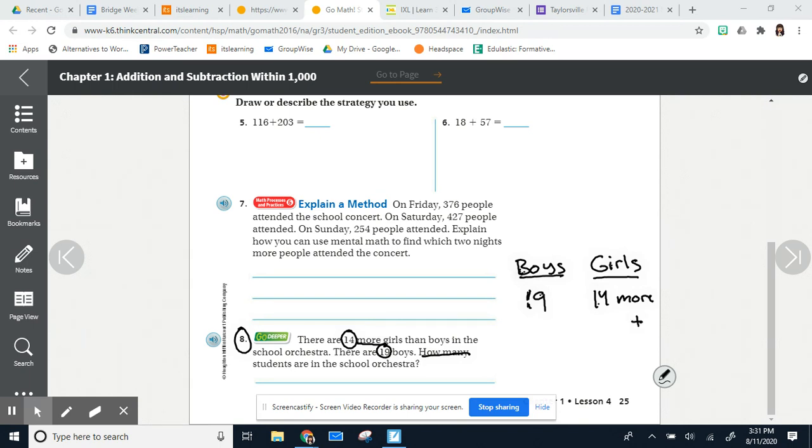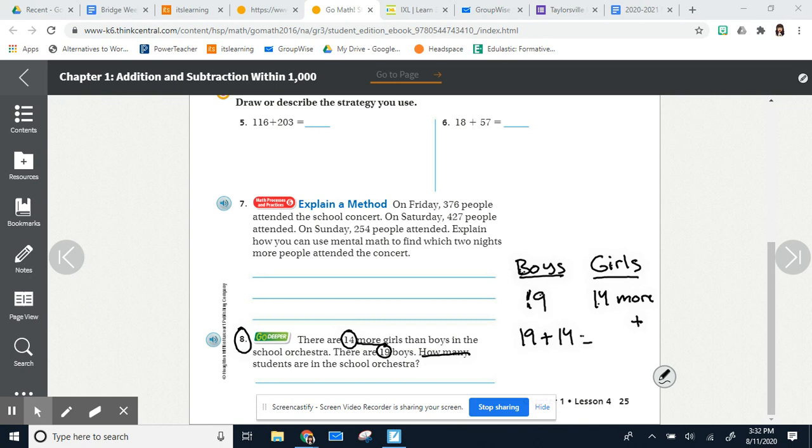Addition. So that word more is telling me that I should add. What am I adding? Well, they told me there's 14 more girls than boys. So I'm thinking I should probably add 19 plus 14.